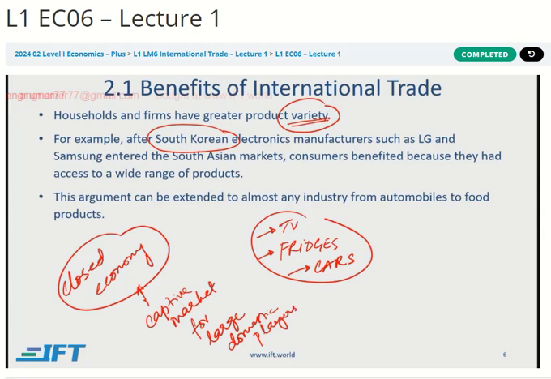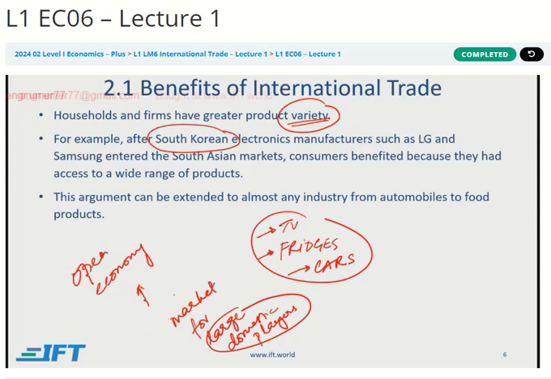Now, that naturally breeds inefficiency because the large domestic players are not forced to innovate. They're not forced to keep a very, very aggressive, wide range of products. The moment you open the economy, it's not a captive market anymore, right? Now, products from other countries can come in and compete for this market.